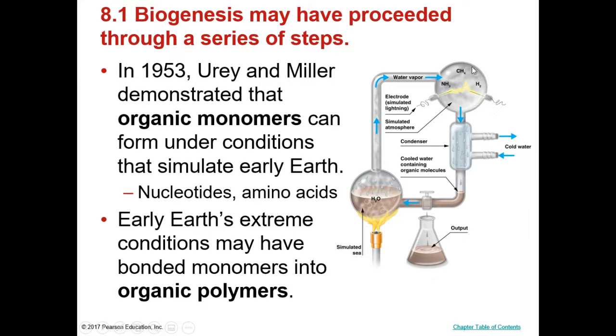Okay, so these are the smaller molecules. These are the molecules that were thought to have existed before life, or actually 4 billion years ago on Earth. There was water, evidently, that was brought in by asteroids, and these were also brought in by asteroids.